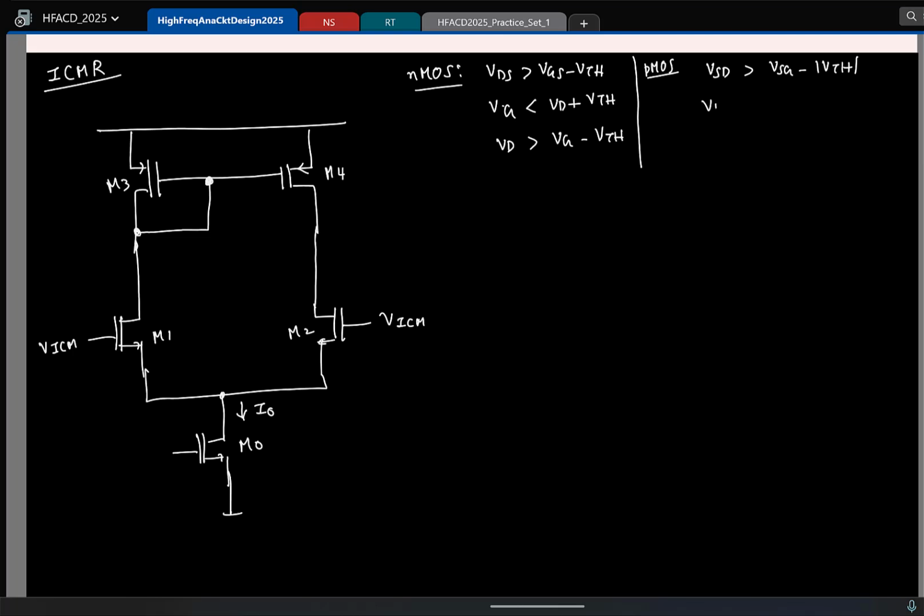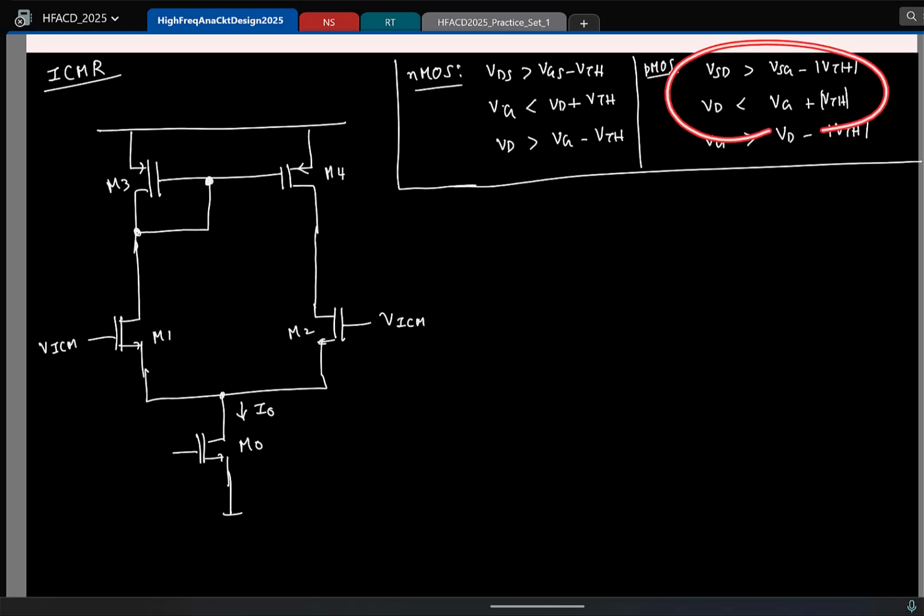So this will give you drain has to be smaller than VG plus VTH, or VG must be greater than VD minus mod VTH. I mean, if you remember the conditions for PMOS in a different way, it's completely fine. As long as you don't get confused and you are comfortable with it, please stick to it.